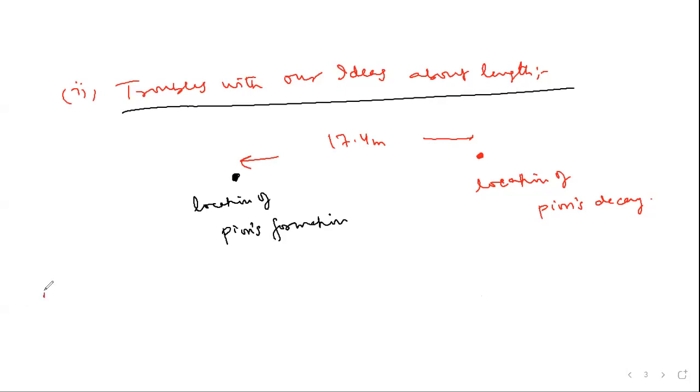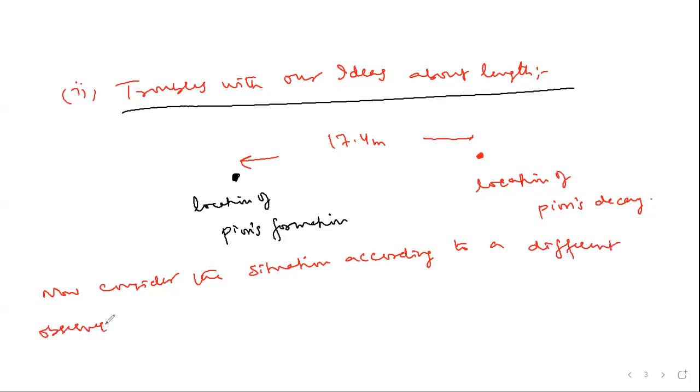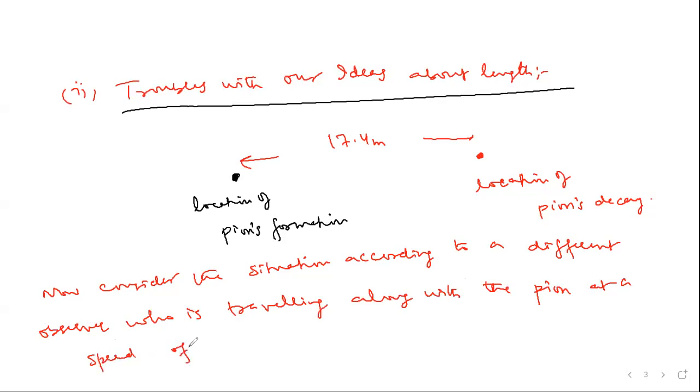Now consider the situation according to a different observer who is traveling along with the pion at a speed of u equal to 0.913 c.